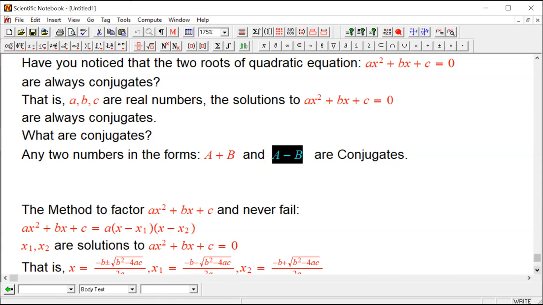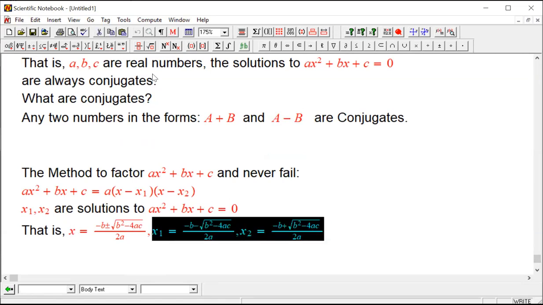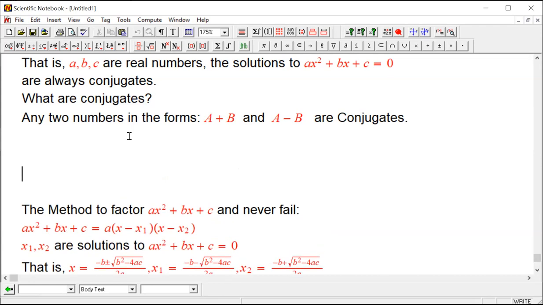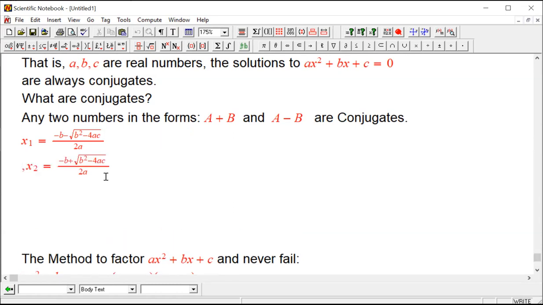The conjugate property is actually embedded in the formula, right? You can see x1, x2. The first one can be written as negative b over 2a, and the second part is minus the square root of b squared minus 4ac over 2a.